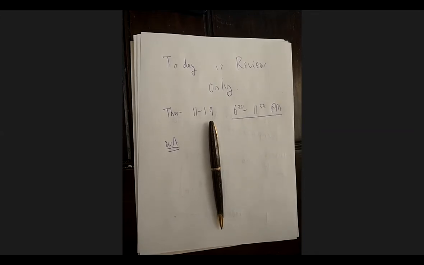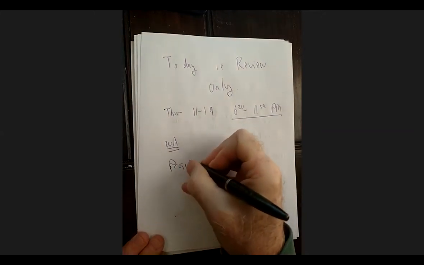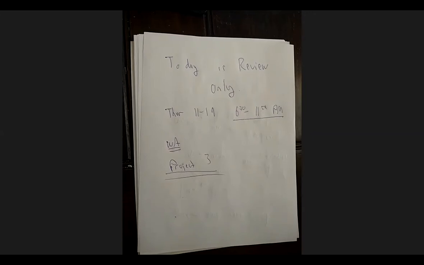I want to say one thing about project 3. They were generally quite good. I just want to encourage people to be a little bit more probing in their analysis. One of the skills I'm encouraging is to look at the numbers and try to make them make sense with words. So when I ask questions about the data, try to answer the question, try to justify your answer, try to say why.